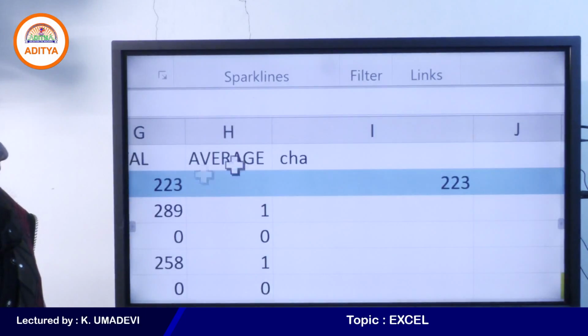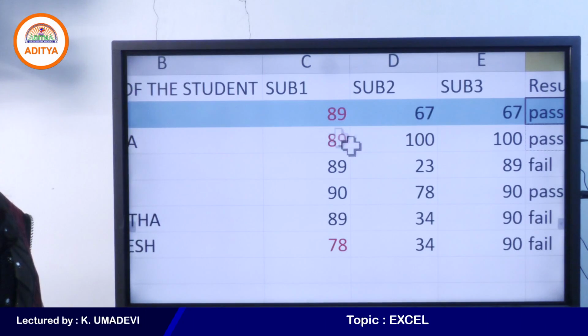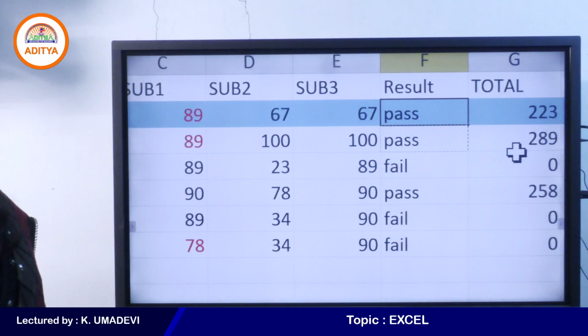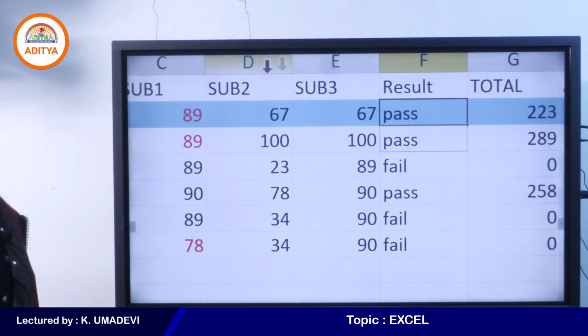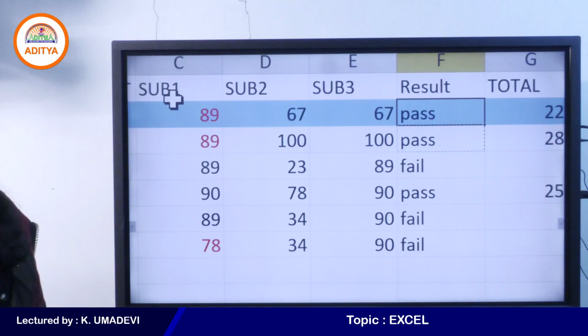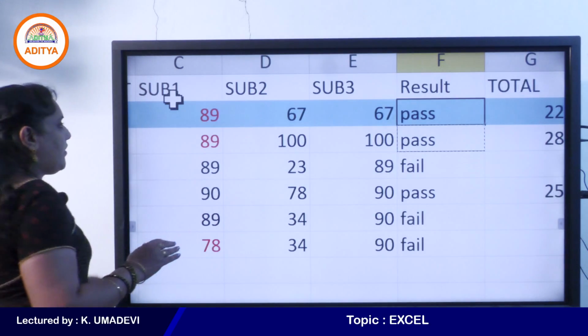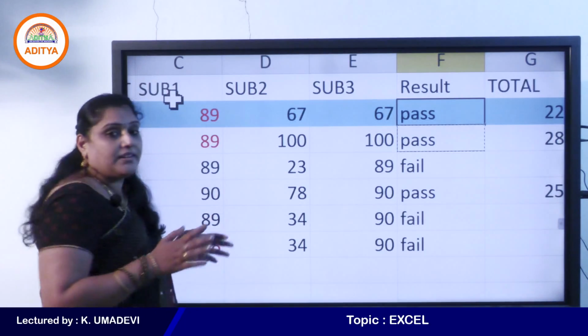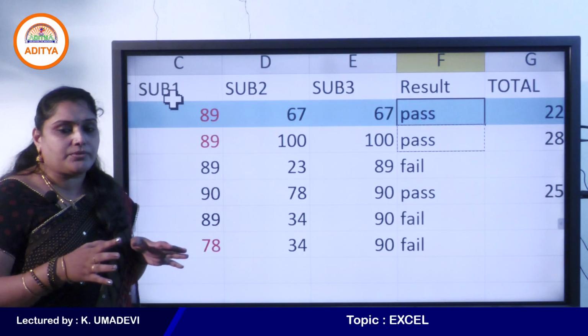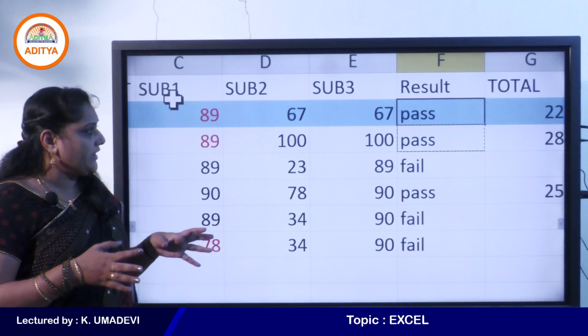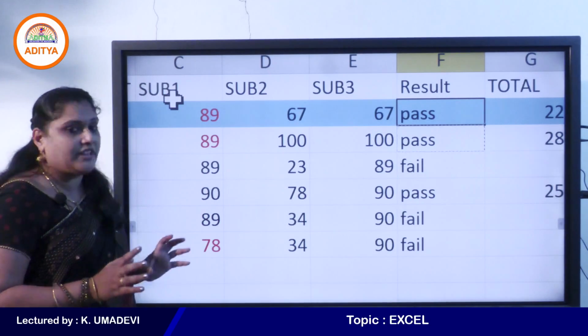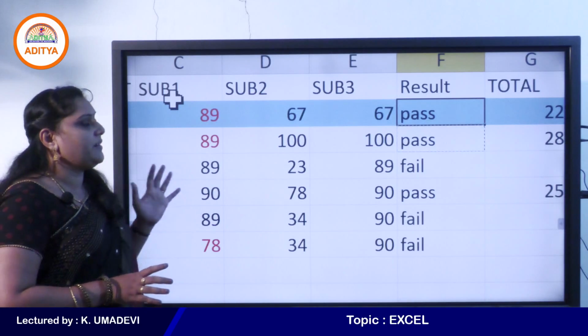Okay, here I will print pass or fail based on subject marks, that is subject 1, subject 2, subject 3. So that means if subject 1 marks is greater than or equal to 50, and subject 2 value is greater than 50 and subject 3 value is greater than 50, then the result should be pass.